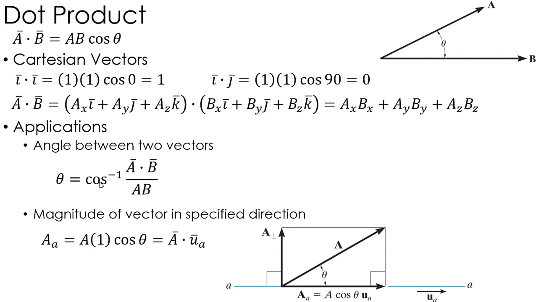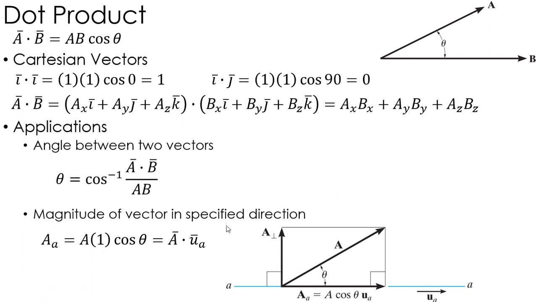The second one is to find basically the magnitude of a vector in a specific direction. So for example, if I've got this A vector and I want to figure out how much of that A vector is going in the lowercase a axis, well, in 2 dimensions, again, this is pretty easy.